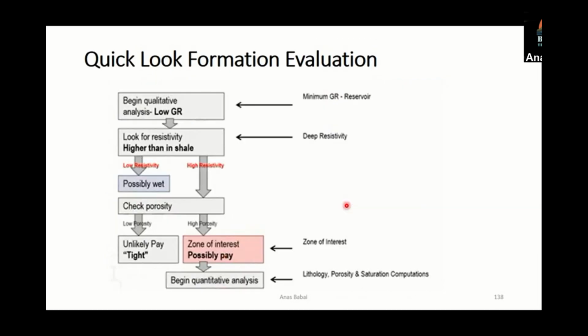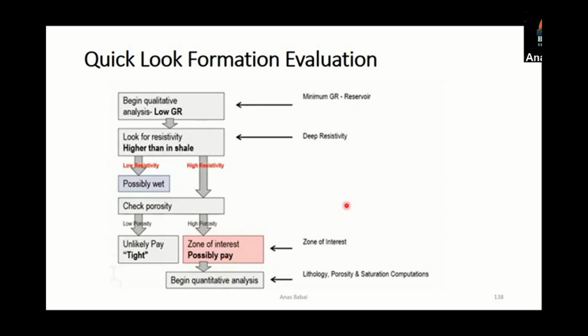Now, for a quick look formation evaluation. Normally, when we get the logging sheet, the first thing we go for is the lithology track. We need to identify our reservoir, and as we know, the reservoir, whether sand or carbonate, will most of the time show a very low gamma ray response compared to the shale interval.